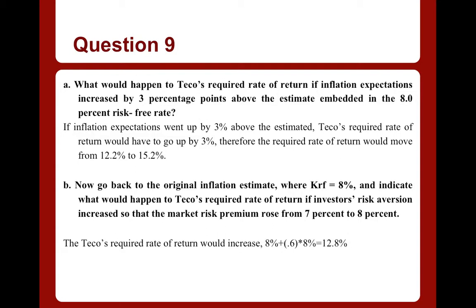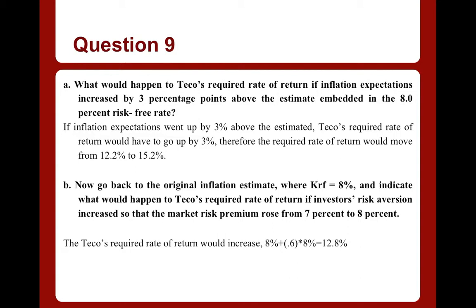Question 9. If inflation expectations went up by 3%, TICO's required rate of return would have to go up by 3%. Therefore, the required rate of return would move from 12.2% to 15.2%.